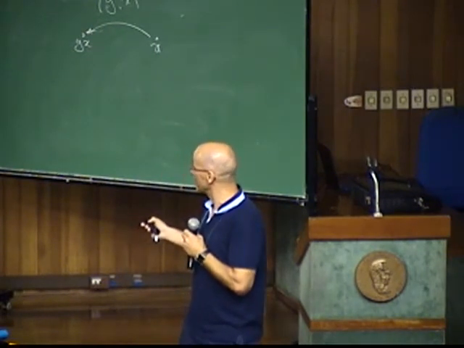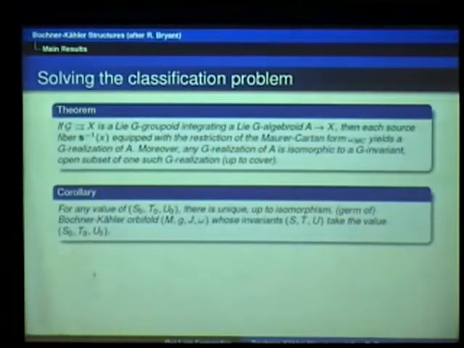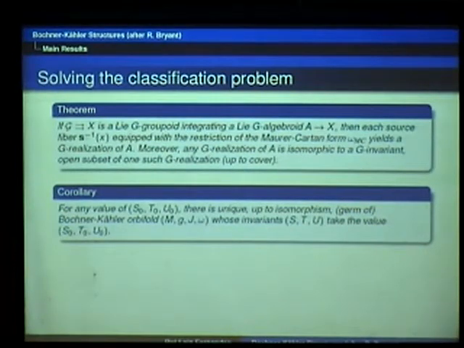I only need to restrict the algebroid to an orbit and then integrate the restriction to an orbit. The second thing is I don't really need to find global integrations. I don't need to really find Lie groupoids. I only need to find local Lie groupoids, whatever that means. So there is some cheating going on, but basically the idea is that. So there is some technicalities involved. In any way, that can be used to prove this corollary.